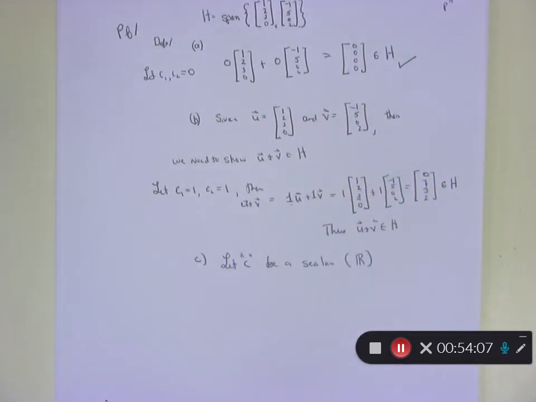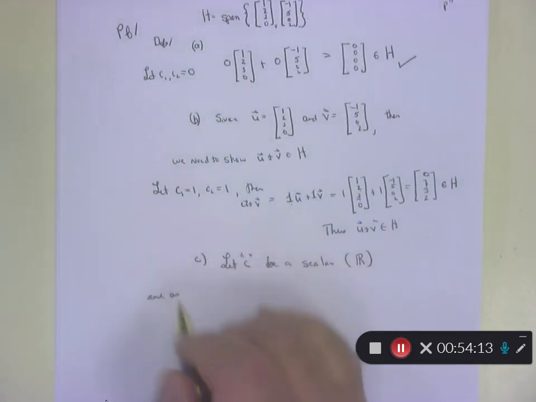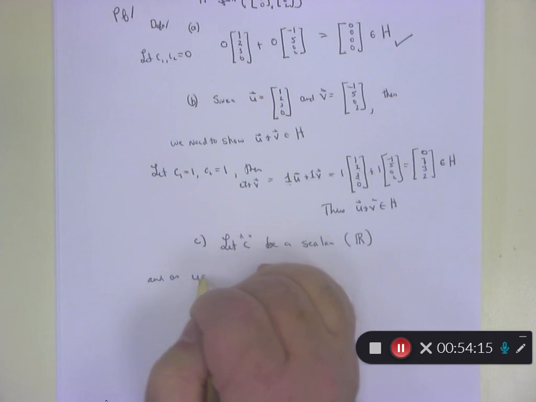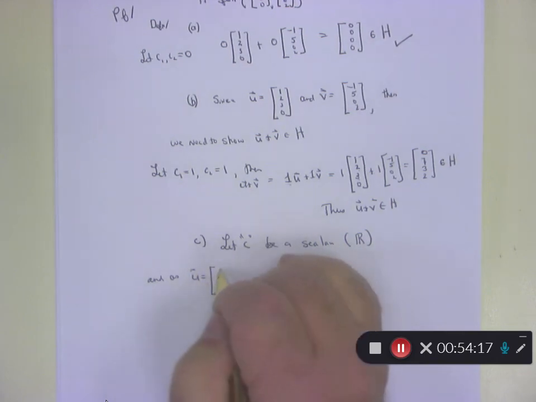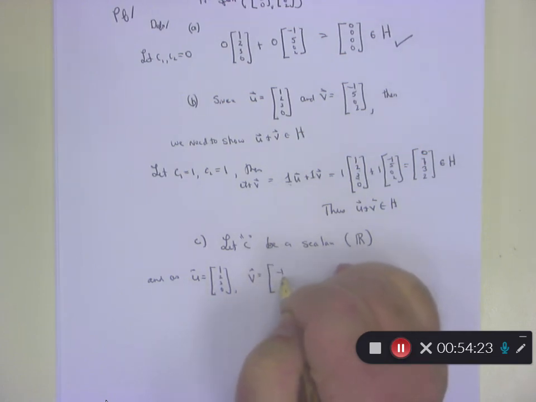This is where the Rn comes from. Everything comes from the real numbers here. Okay? And as U is equal to the vector 1, 2, 3, 0, and V is equal to, what was it, -1, 5, was it 0, 2?